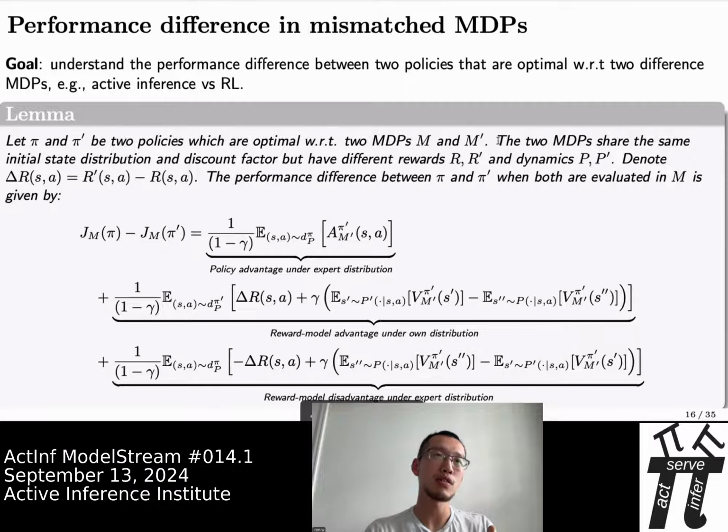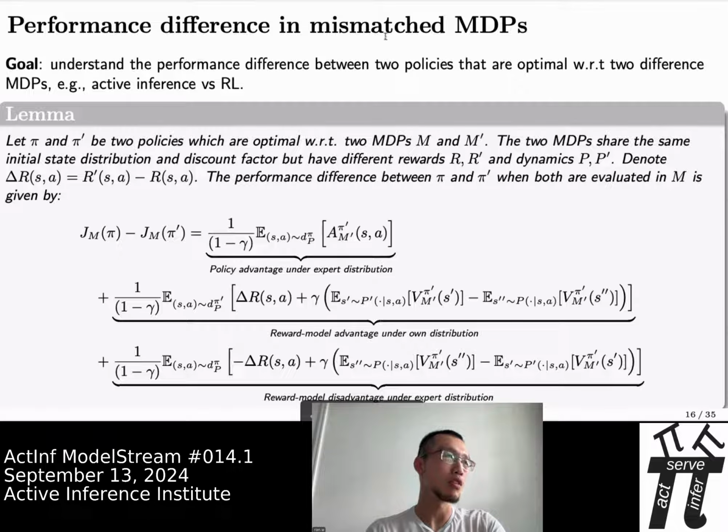These two MDPs share the same state and action space, same initial state distribution, and the same discount factor, but they could potentially have different rewards and different dynamics. This is very similar to the comparison of the EFE policy and the Bayes optimal policy, where they share the same spaces, but have different rewards and different dynamics. So this is our tool to quantify their difference.